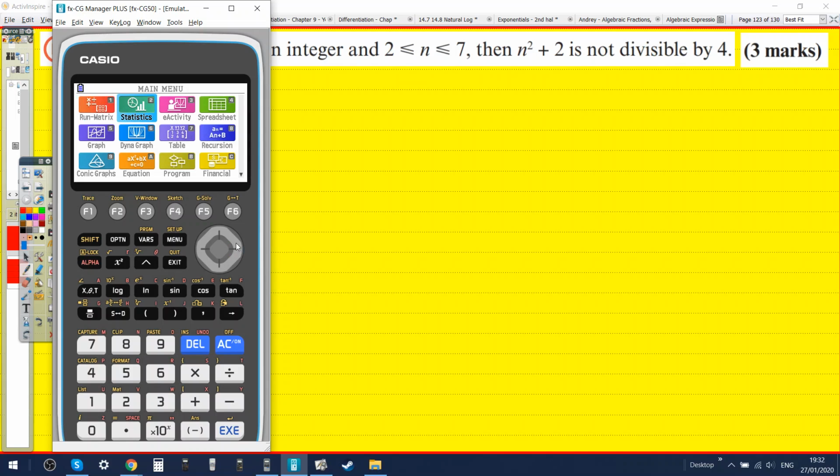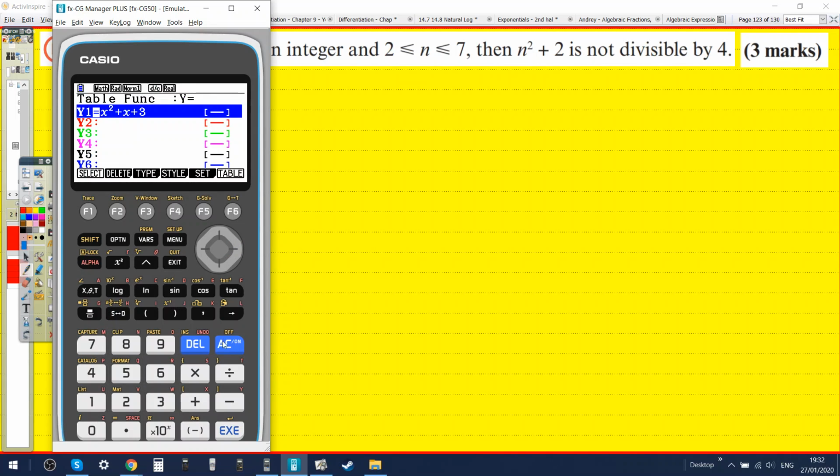Menu, table, 7. I'll just delete what was there. What would you put in? I'll use x. x squared plus 2.